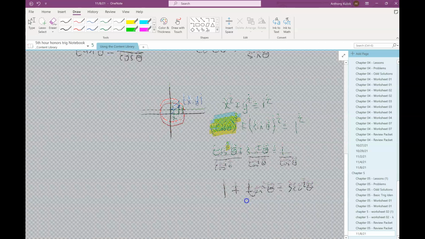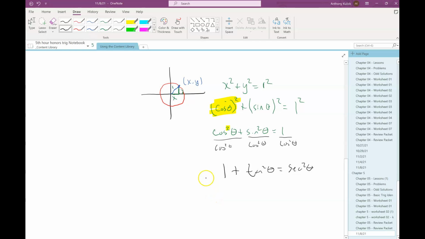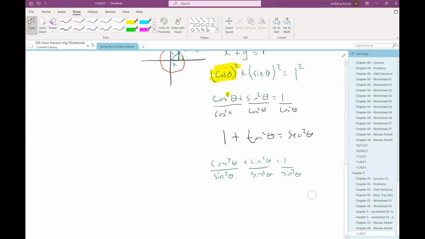And similarly, if I had divided this by sine squared instead, cosine over sine is cotangent.